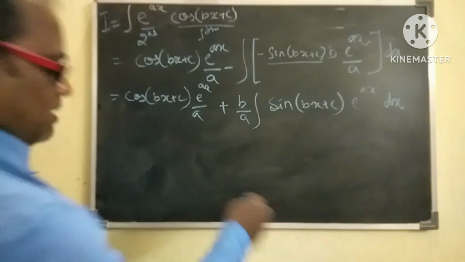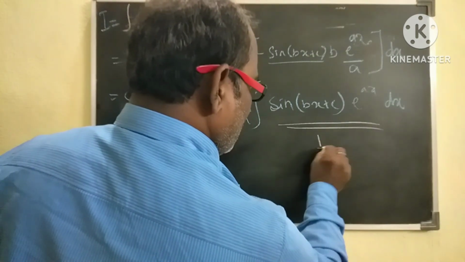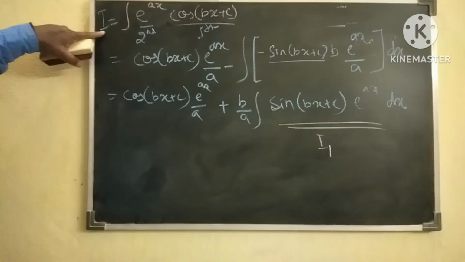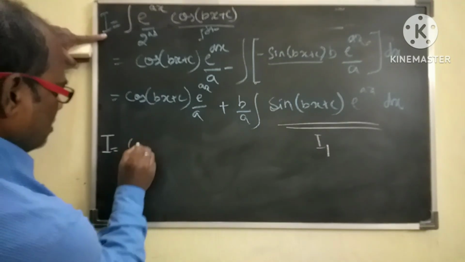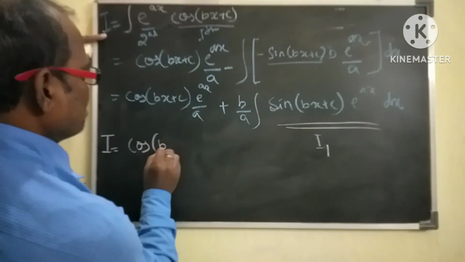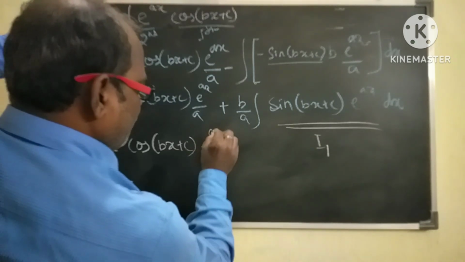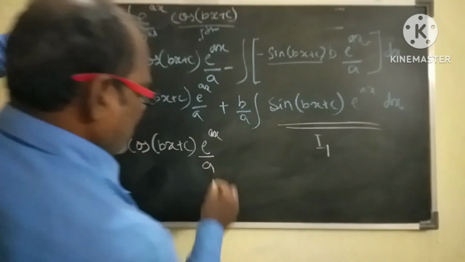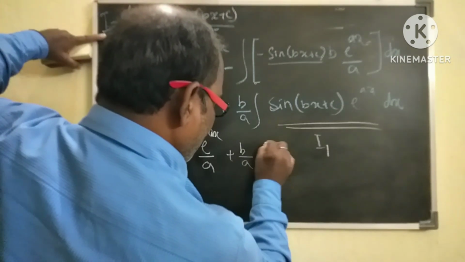Now considering this part to be I1, what we get here is I equals cos(bx + c) e^(ax)/a plus (b/a) I1.